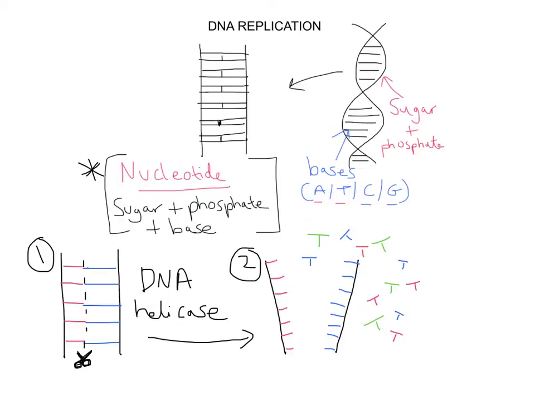Now, I said that A joins with T and C with G via what's called complementary base pairing. And that's exactly what happens. If we imagine this nucleotide here, if the base on it is a T, it would come and find a nucleotide that has a base of an A. And if this one I'm grabbing is a C, then it would join to where there's a base G. And equally you get the same on the other strand. All these free bases will come and complementary base pair to those two exposed strands.